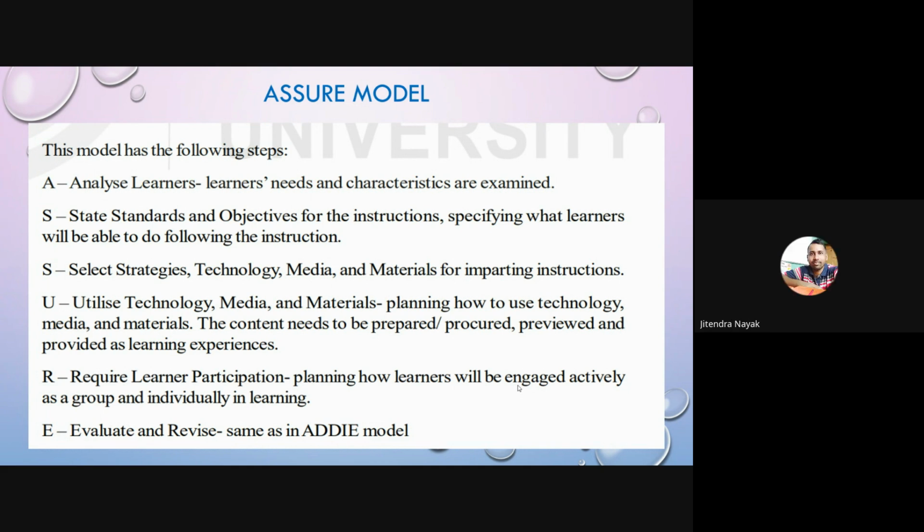Analyze is there, first in the ADDIE model, and in the Dick and Carey model too. In Dick and Carey it is not the first step but it is an important step, that is analysis of learners' need. It is there in the second step but it is also an important step, and in the ADDIE model that is the first step.